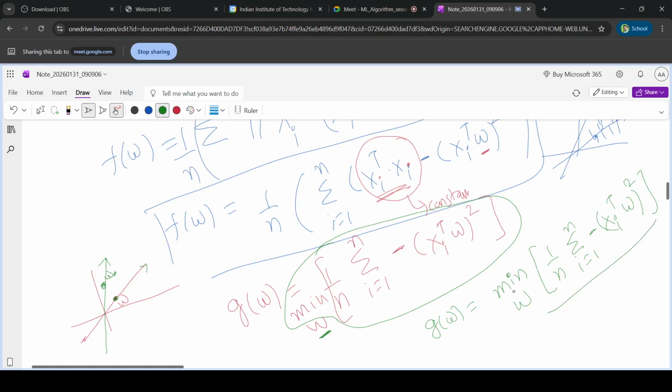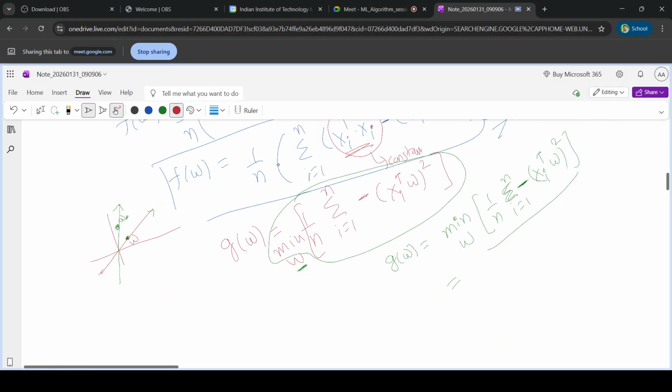First of all, the minimum of summation of i equal to 1 to n of minus xi transpose. So instead of doing the minus, we can write the same thing simply. Instead of just minimizing it, we can say max of this equation, 1 by n summation of i equal to 1 to n of xi transpose w square.